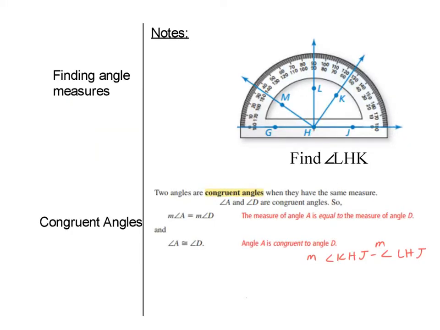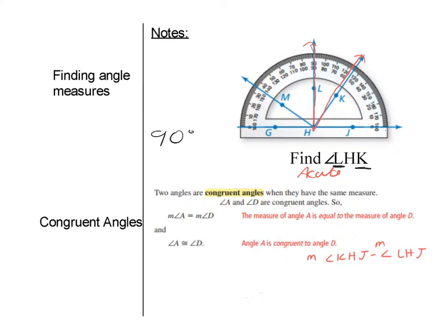I'm looking at the measure of angle LHK. That's an acute angle, meaning it's going to measure less than 90. To go back to the bell work, I'm going to look at L and I'm going to look at K. So LHJ is 90 degrees.